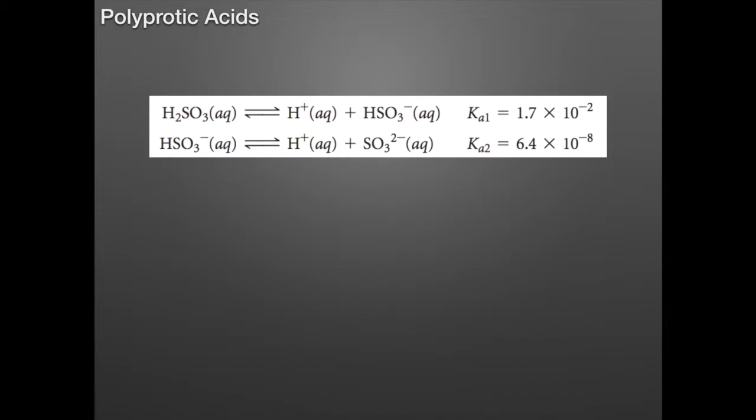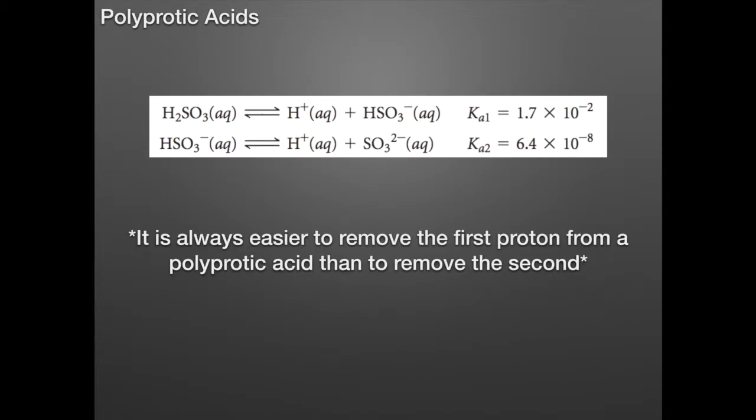So it makes sense electrostatically that it would require more energy and therefore be harder to dissociate the second proton, resulting in a lower Ka2 because fewer hydrogen ions and SO3 2- ions are going to be produced. And so this difference in Ka1 and Ka2 simply results from the fact that it's easier to remove the first proton than the second proton.